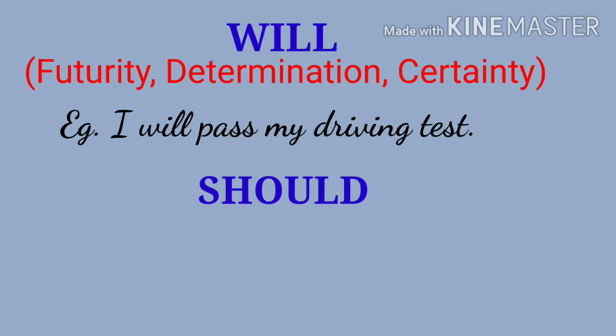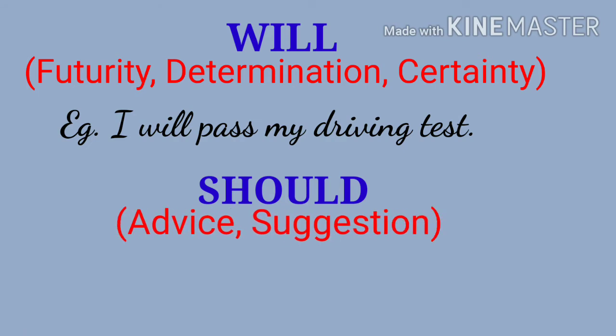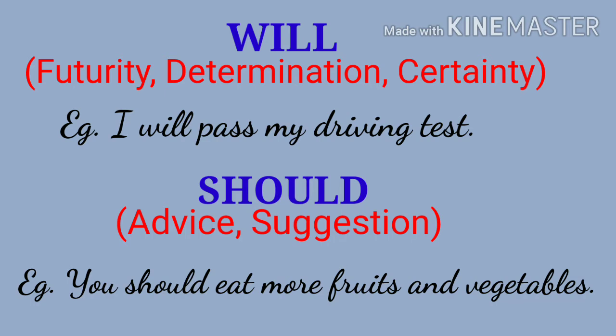Next is should. Should shows us an advice or a suggestion. Example can be, you should eat more fruits and vegetables. In this way, these two modal auxiliaries can be used in the sentence for showing these particular indications.